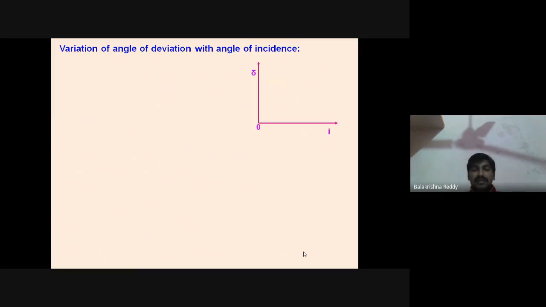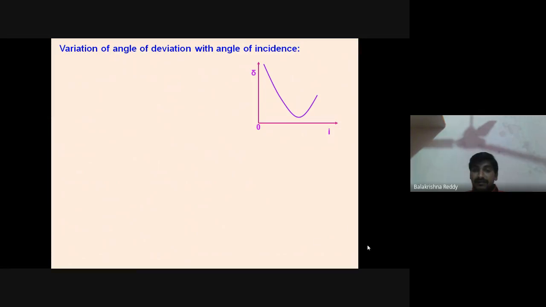When I take different angles of incidence while doing the practical with a prism, I checked with 35 degrees, 38, 40, 42, 45 degrees. I get a graph like this. What you notice from this slope is that it gradually decreases, and later, after a certain point, it increases.